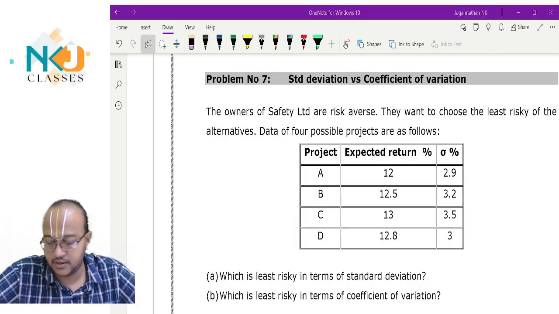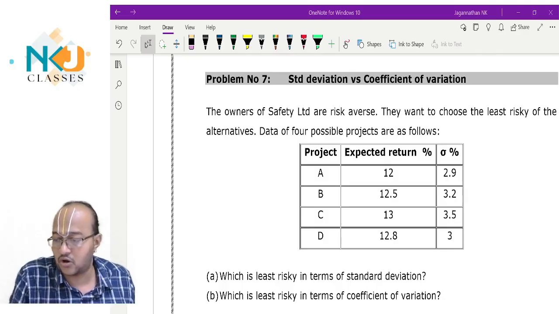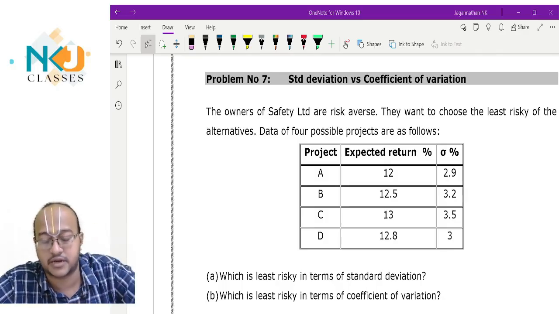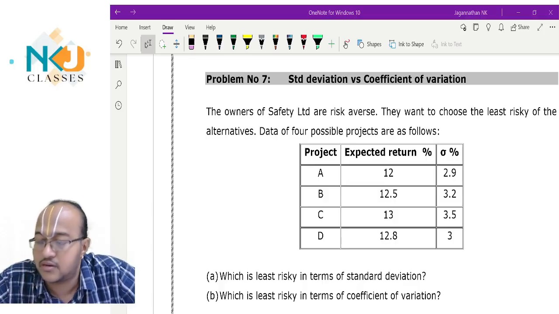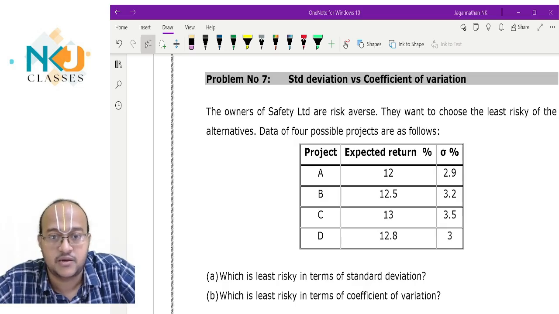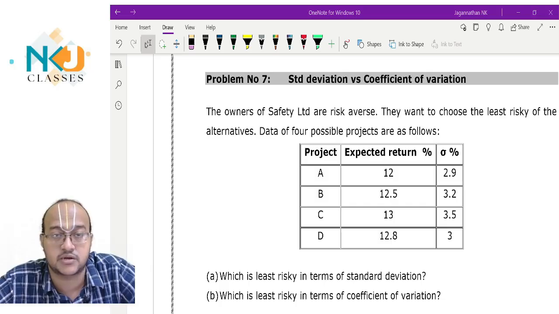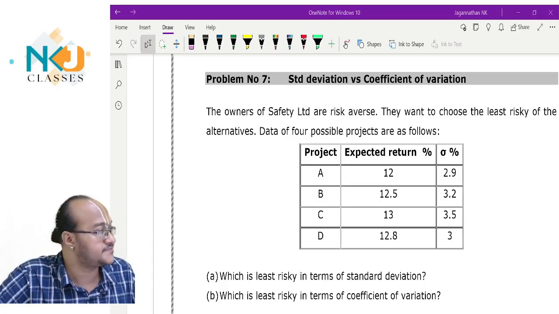Yesterday, in all these questions, correlation was given. But computing the correlation itself is a task. We need to know what this correlation is and how to find it. We will discuss it now. See here.